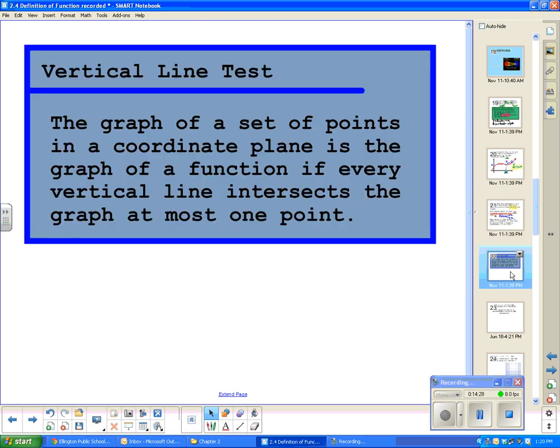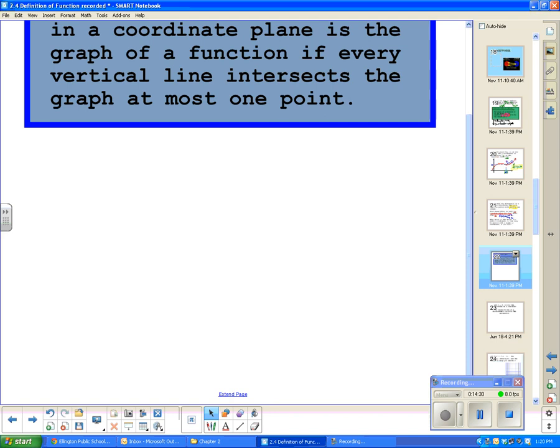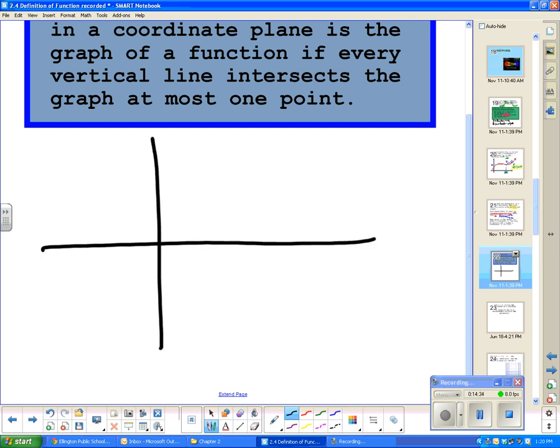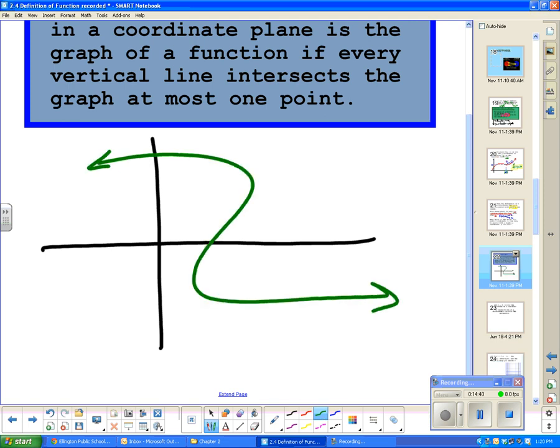Let me give you an example. If I have my coordinate plane, and I have a graph, and let's say my graph looks like this. And I draw some vertical line through there. Now, I have 3 points of intersection with this vertical line.